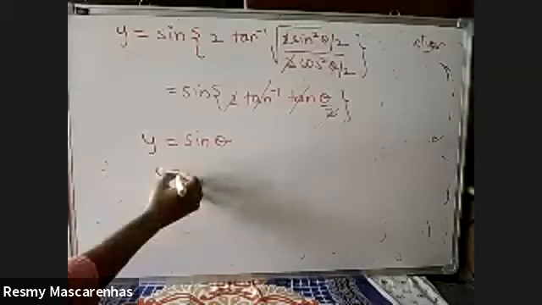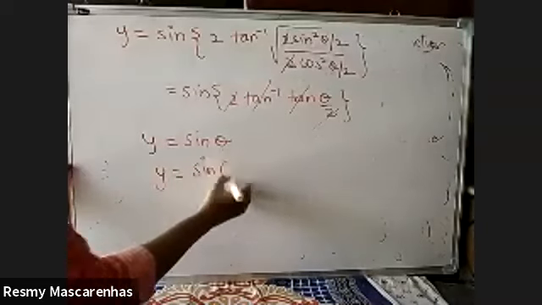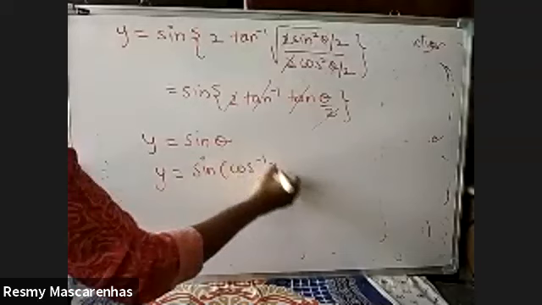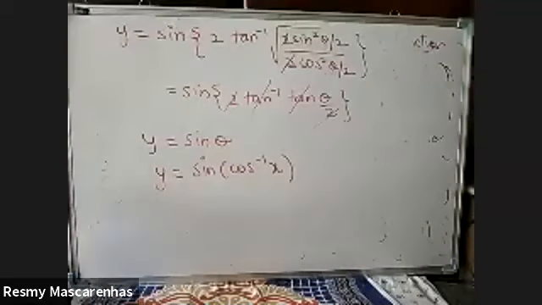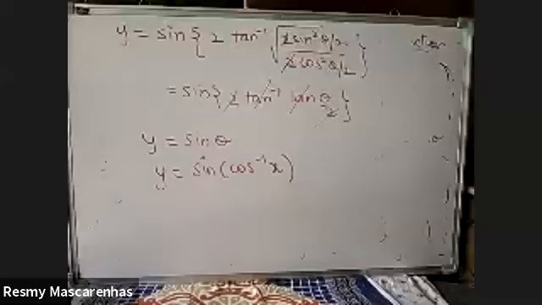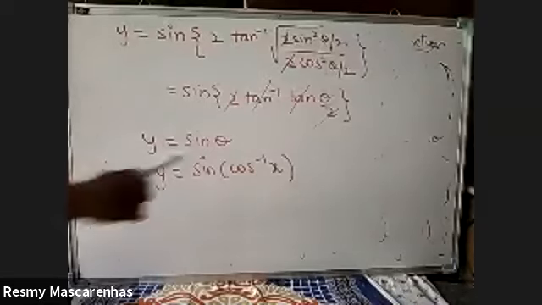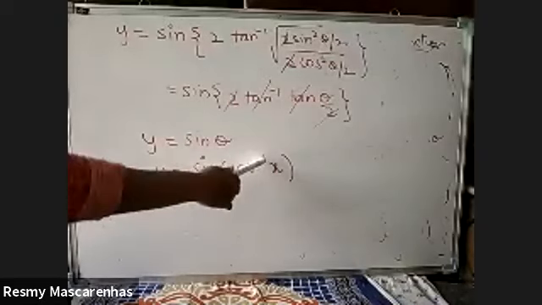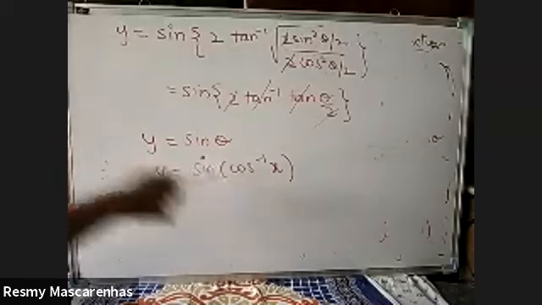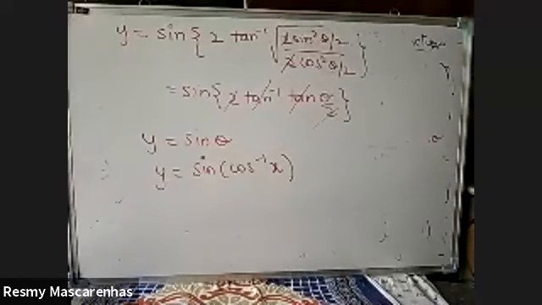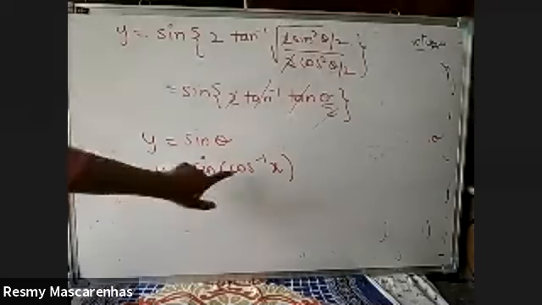So if you do resubstitution, theta was nothing but cos inverse of x. And now this inverse is inside the bracket. So follow triangle method and find the answer. This you have to follow triangle now.